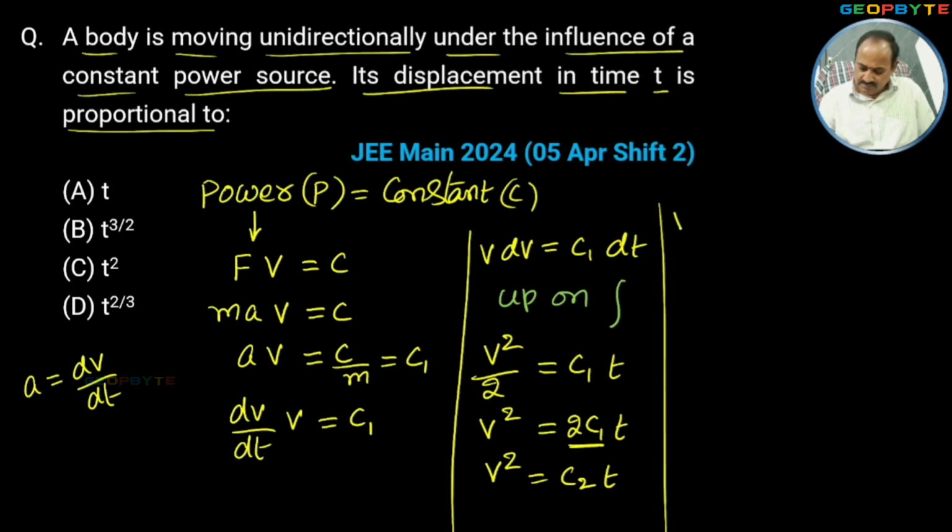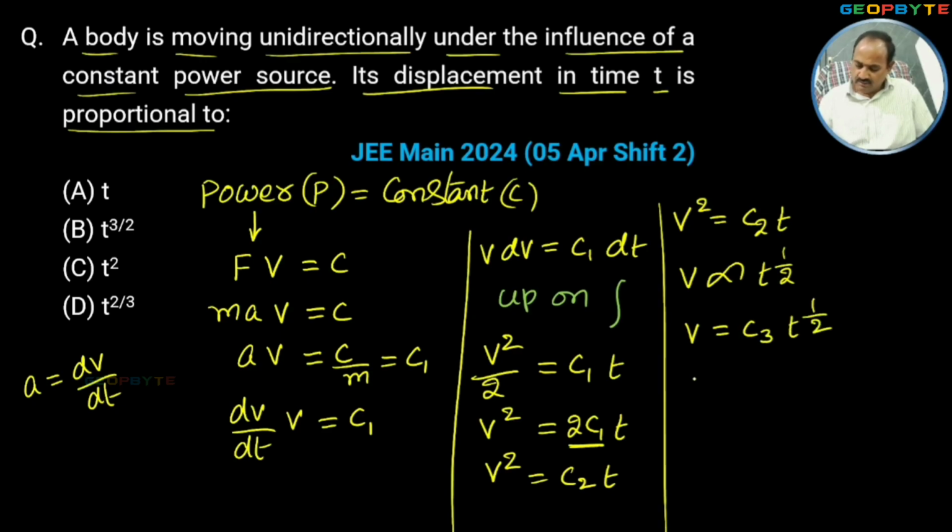Since v square is equal to c2 into t, I can write that v is proportional to t power 1 by 2. But what is the velocity? Velocity equals rate of change of displacement. Therefore, v is equal to some other constant c3 into t power 1 by 2, right?